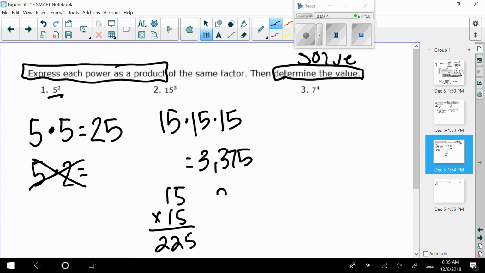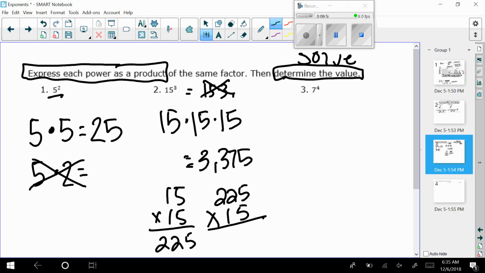And then you do 225 times 15, which gives you 3,375. Okay. Now, that's very different than, say, the most common mistake, which is to say, oh, 15 times 3. Okay. This is not 15 times 3. It's 15 3 times. Okay.